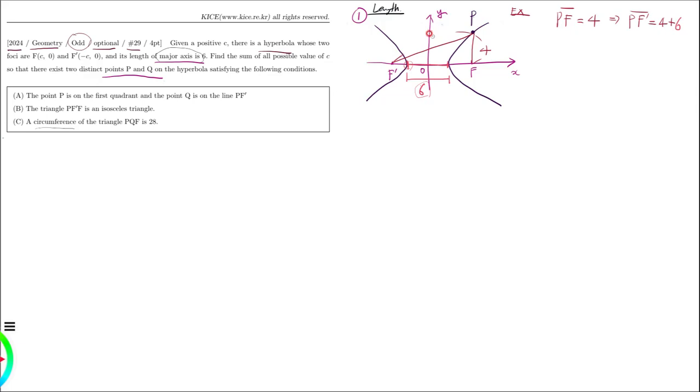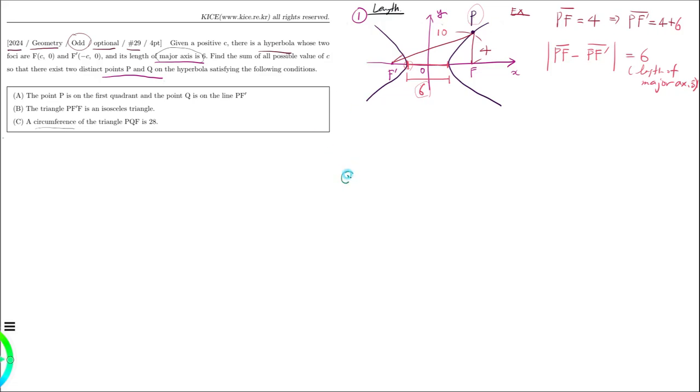In this case, the length of line segment PF prime should be 10, because in the case of a hyperbola, for a point on the hyperbola, the length difference from the two foci, one longer and the other smaller, is always constant: the length of the major axis. This is the first point.